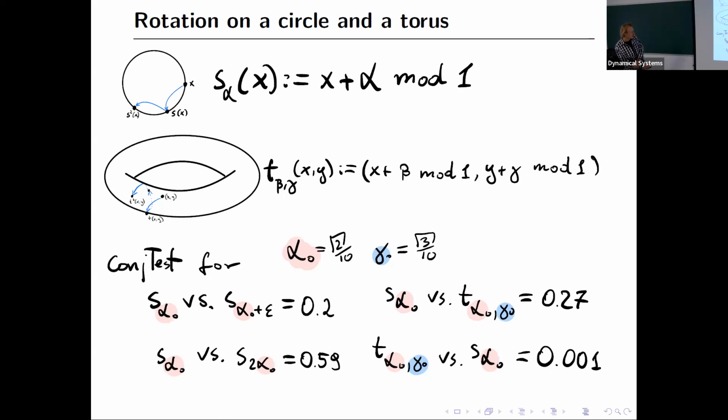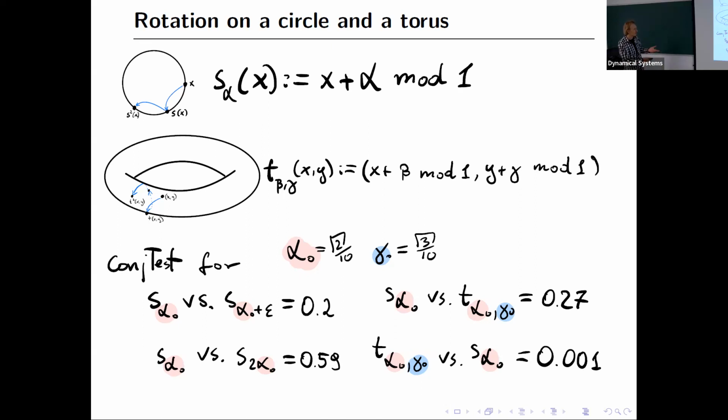then we can notice that if we compare the rotation on a circle with the torus, we can get a higher value than when we do it in the reverse order, which might suggest that the time series on the torus contains more information.